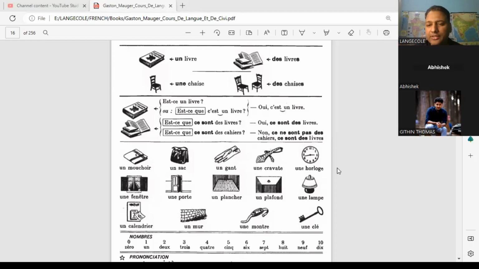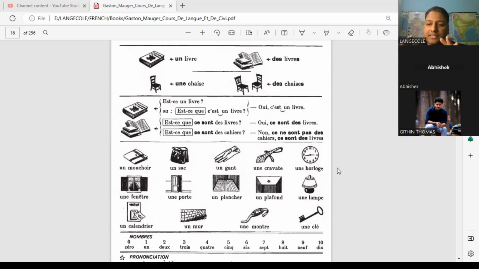They are basically close-ended questions, where you answer with oui or non, yes or no. In this case, similar to est un livre, this is a confirmatory question. What happens here? You put est-ce que before the complete phrase in general. So est-ce que c'est un livre? Instead of c'est un livre, est-ce que c'est un livre.